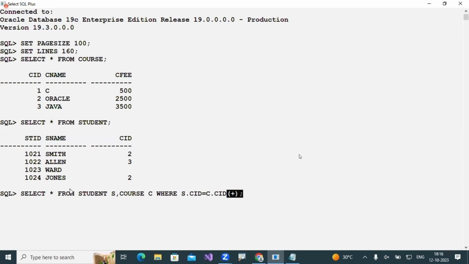When you want to implement left outer, the join operator should be applied on the right side table. If you want to implement right outer, then you apply this join operator on the left side table. On the table where you applied it, we get only matching data, and unmatching data we are not getting from that table.